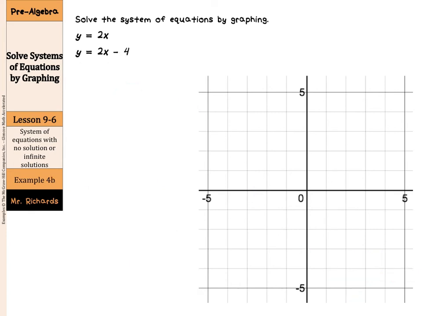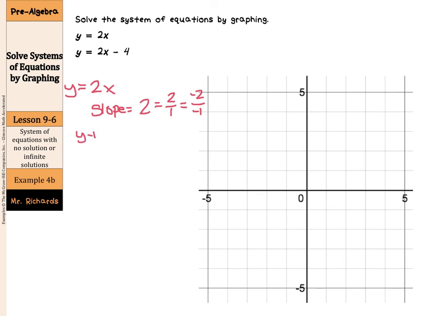Now we have solved this system of equations by graphing: y equals 2x and y equals 2x minus 4. Well, both are in slope-intercept form, so if we take our y equals 2x, we have a slope of 2, which is the same as 2 over 1, or as we discussed earlier in this lesson, negative 2 over negative 1.